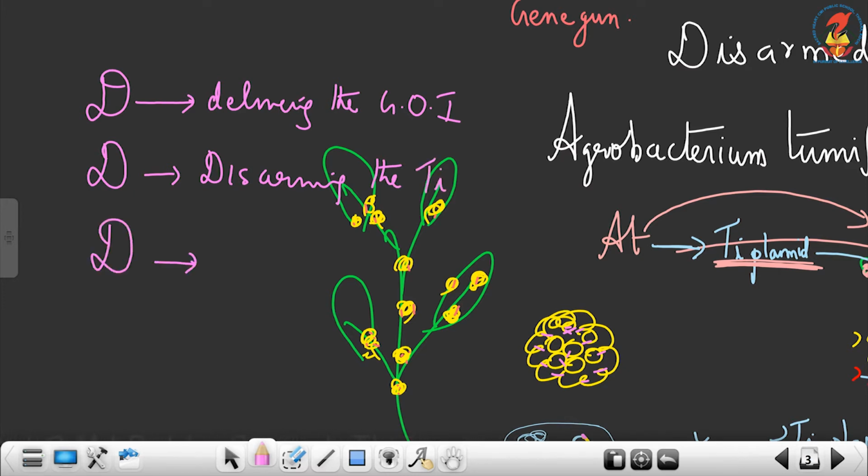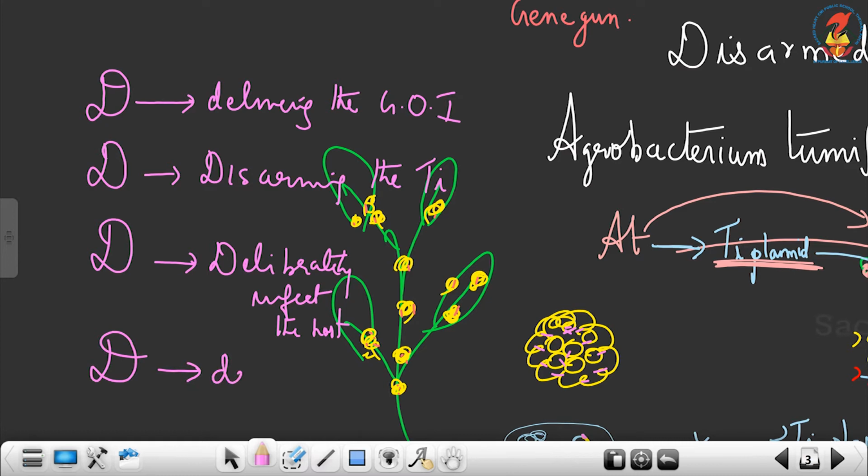And third D is deliberately made to infect the host. And finally, the desirable gene, which is our desirable gene, the color which I have indicated, and I am writing, desirable gene is multiplied where? In the tumors. In tumors.